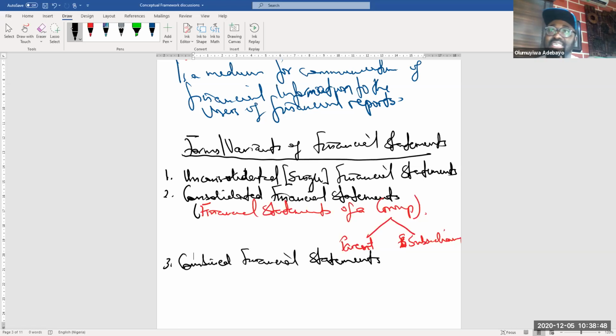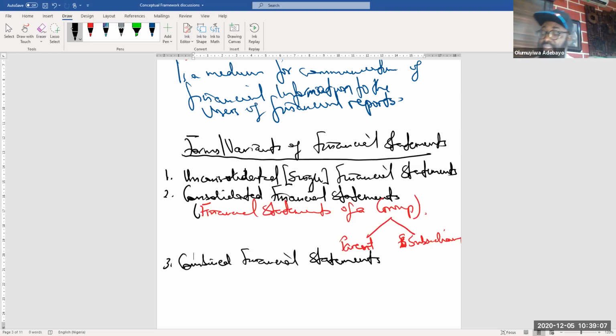But in a combined financial statement, there's no elimination of capital because the sum of all of the capital is what makes up the capital investment of the individual owner. When we get to group account, we'll demystify it over time.